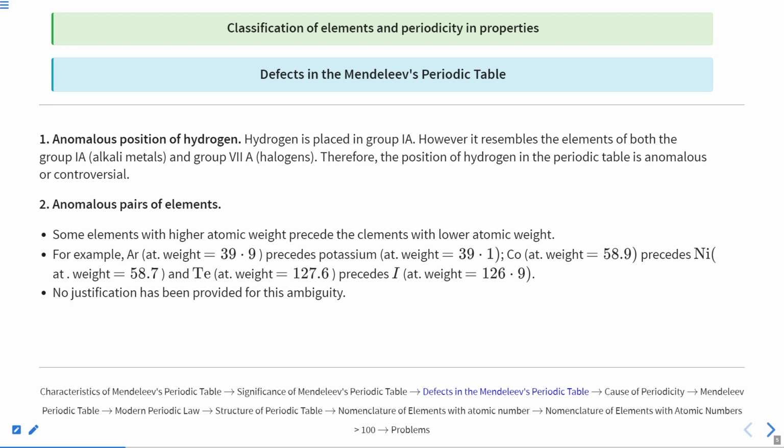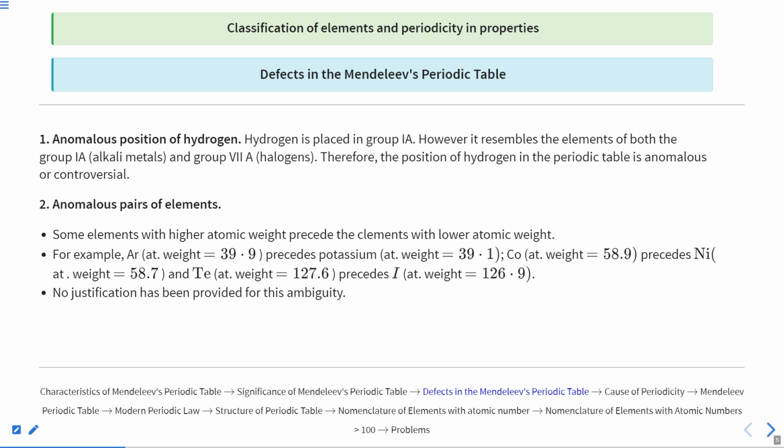Second thing, anomalous pairs of elements. Some elements with higher atomic weight precede elements with lower atomic weight. He said that atomic weight is the deciding factor, or the periodic function, for the properties of an element. But we have seen that he placed iodine here.